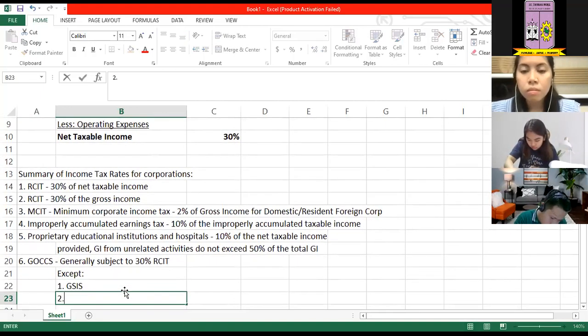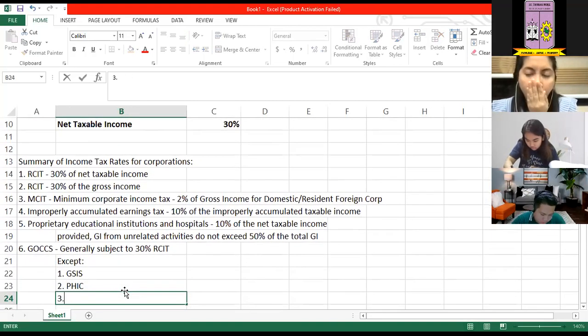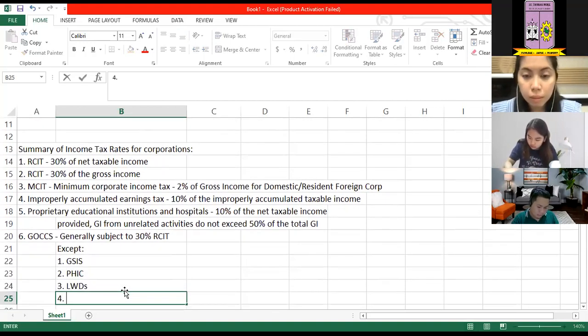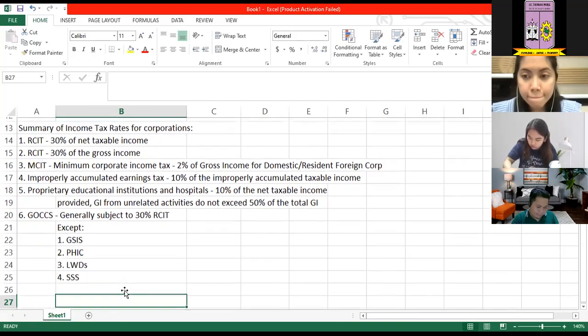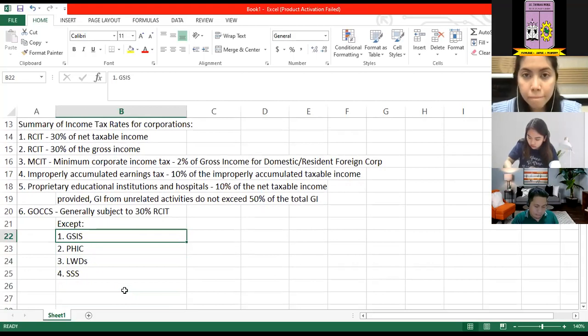1. GSIS. 2. PhilHealth. 3. LWDs or local water districts. 4th, the social security system. Bakit sila naging exempted from regular corporate income tax?